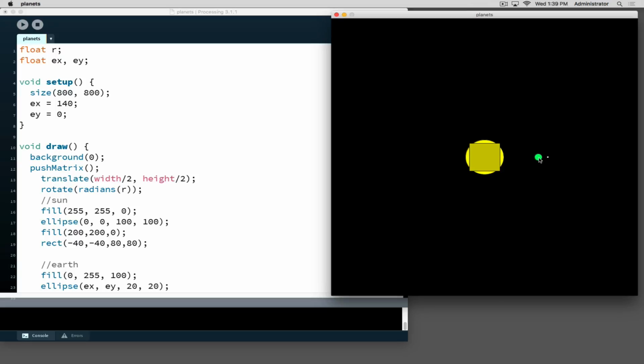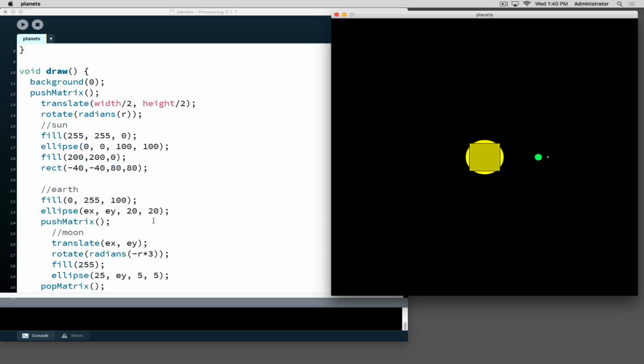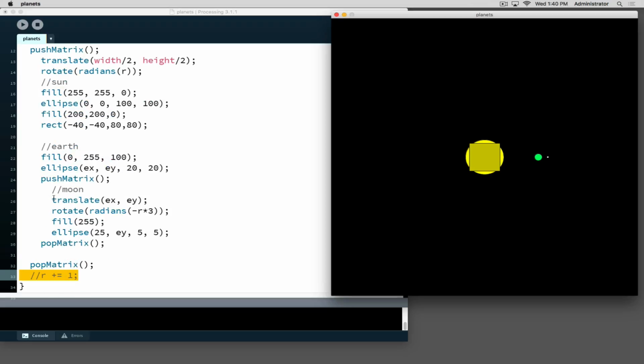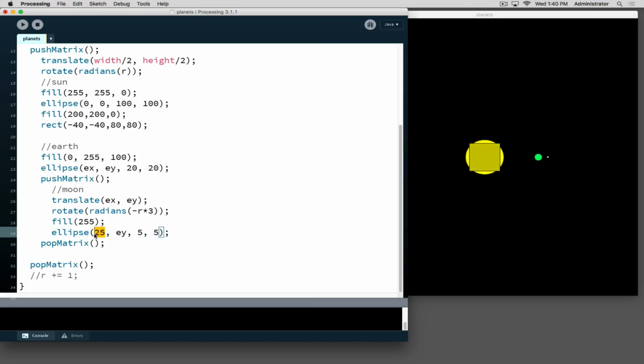So it's now moved over 140 from that new 0, 0 point, which was the center of the Sun. The Moon, we translate to the center of the Earth, EX, EY, and then we push it further out, we push it out 25, but we still keep it in a line.